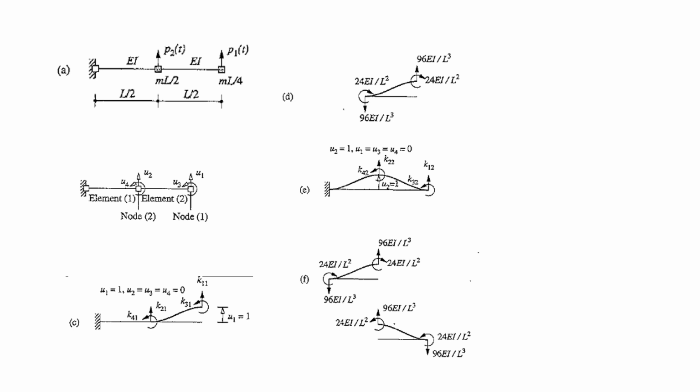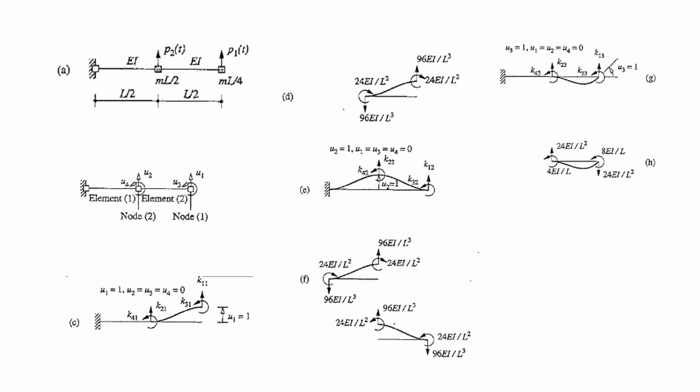Sorry, this is unit translation itself. K22 is 96 EI by L cube plus 96 EI by L cube, that's 192 EI by L cube, and K42 is minus 24 EI by L square plus 24 EI by L square, and it's overall equal to 0. So the second column of the stiffness matrix is obtained.